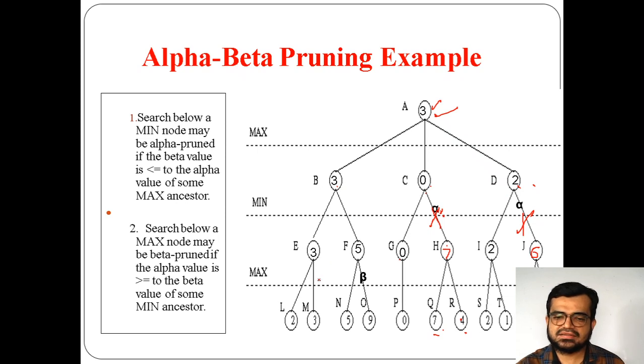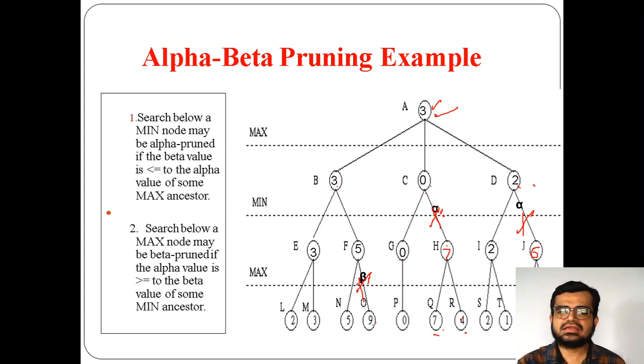As well as here, 5 and 9: if you compare the max value, you can take 9 here, but ultimately it is getting 3 only, because 3 and 9 if I compare, I will get the minimum as 3 only. That's why we are pruning this part also.